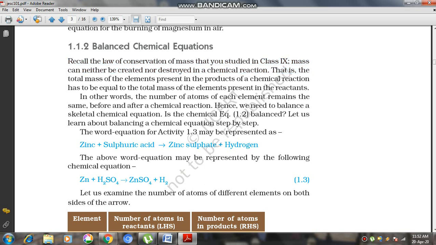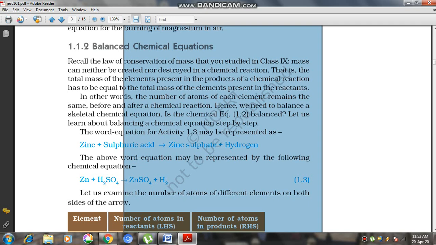The total mass of the elements present in the products of a chemical reaction has to be equal to the total mass of the elements present in the reactants. For example, the mass of zinc plus sulfuric acid is equal to the mass of zinc sulfate plus hydrogen.